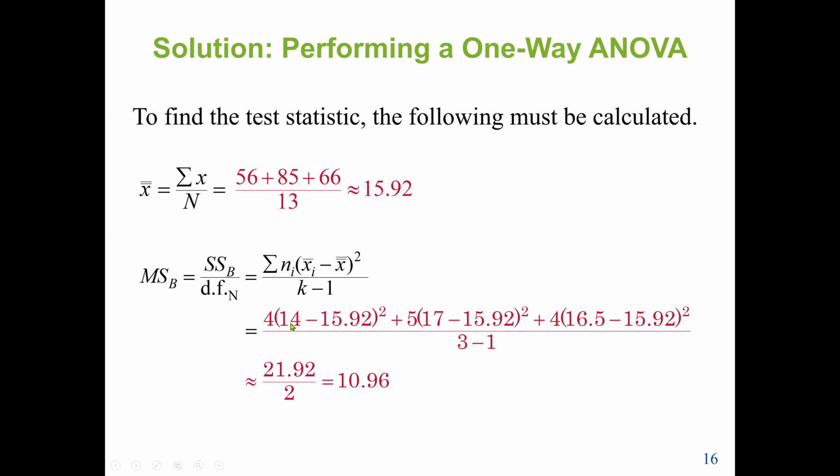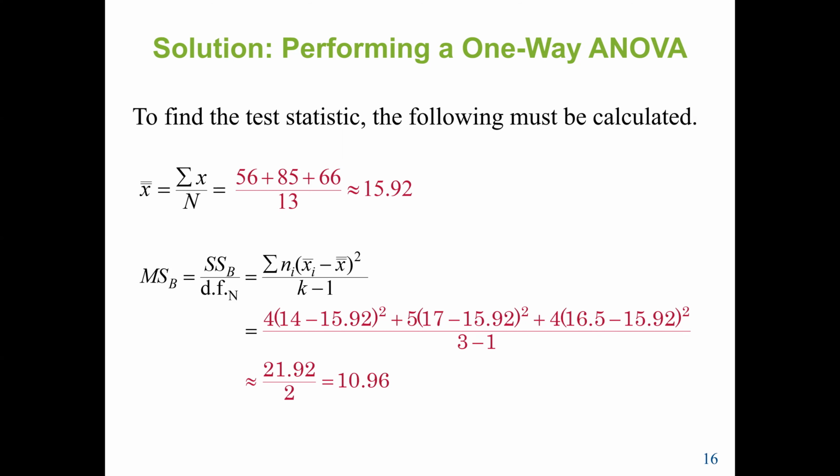We subtract from the mean of the first sample, 14, and then 17, the overall mean of all 3 samples, 15.92. So the first sample mean is 14, second sample mean 17, third sample mean 16.5. Then K minus 1, K again is the number of samples, 3 minus 1.